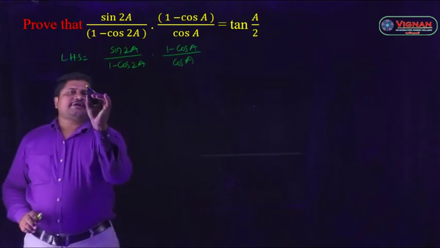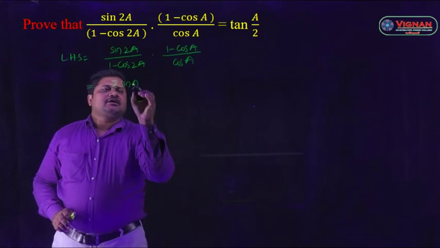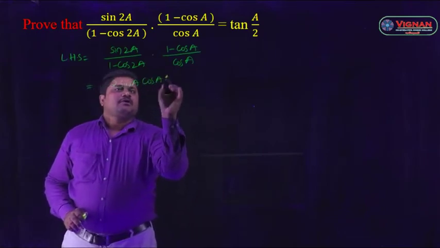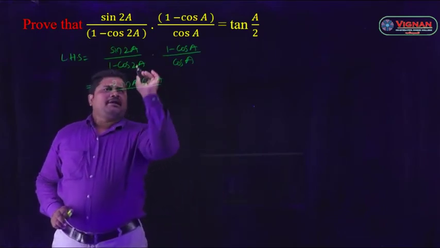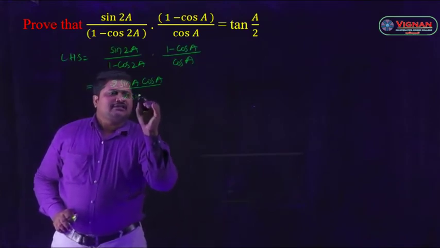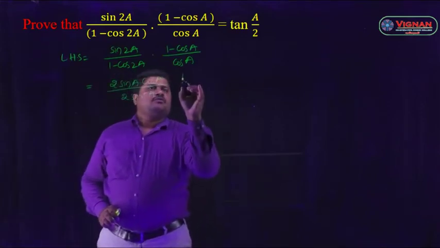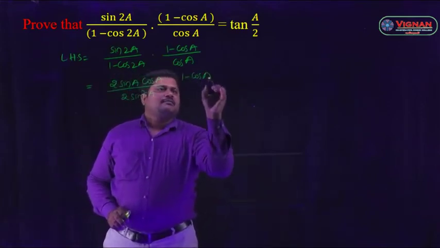We know that sin 2a is equal to 2 sin a cos a, and 1 minus cos 2a is equal to 2 sin square a, into 1 minus cos a by cos a.